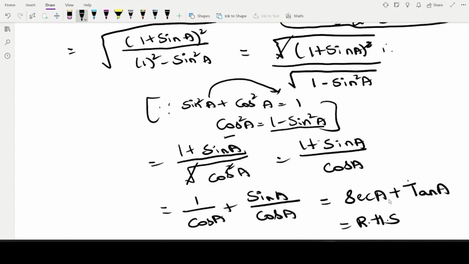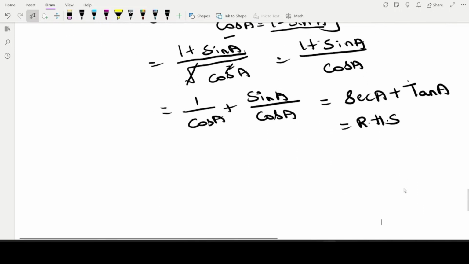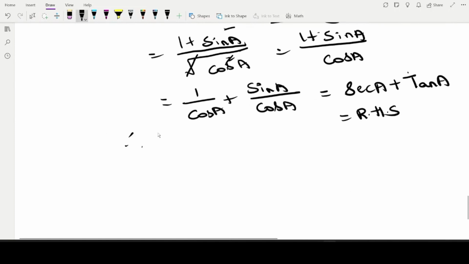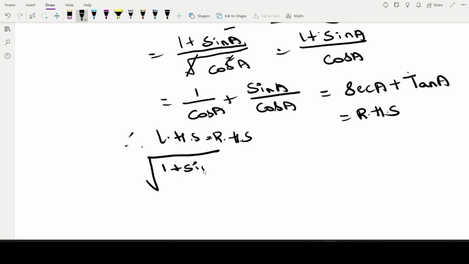So in the problem, he has asked us to prove that root of 1 plus sine A divided by 1 minus sine A is equal to secant A plus tan A. So therefore, LHS equals RHS: square root of 1 plus sine A divided by 1 minus sine A equals secant A plus tan A.